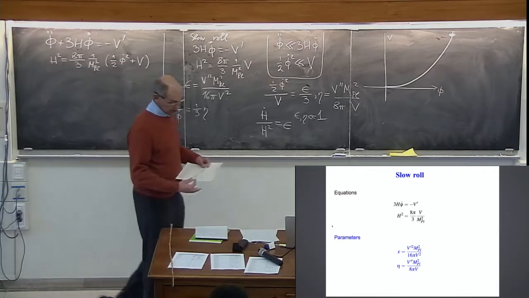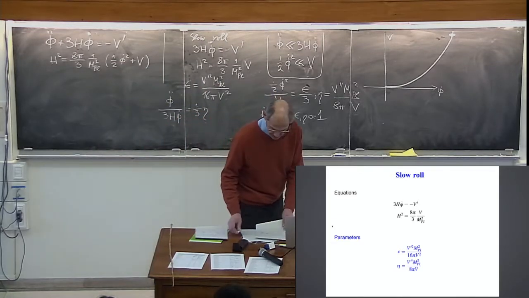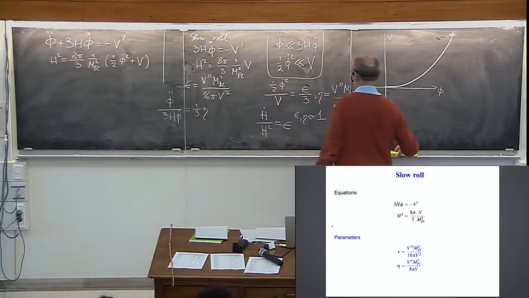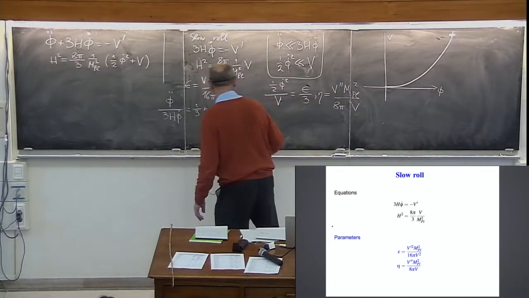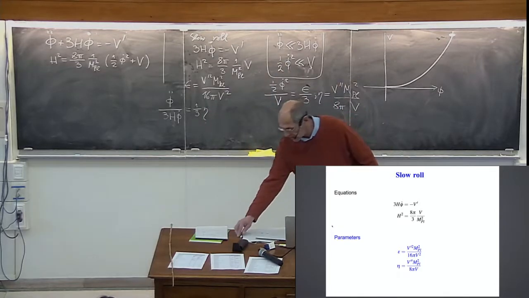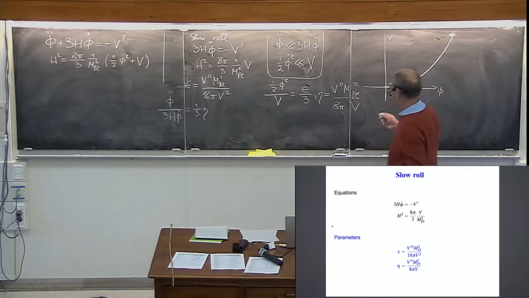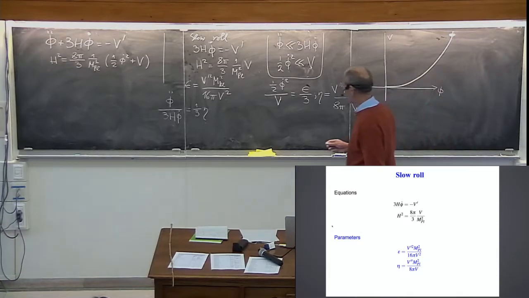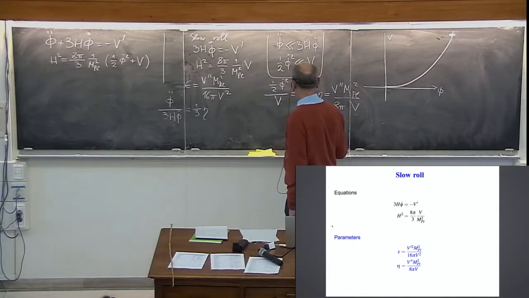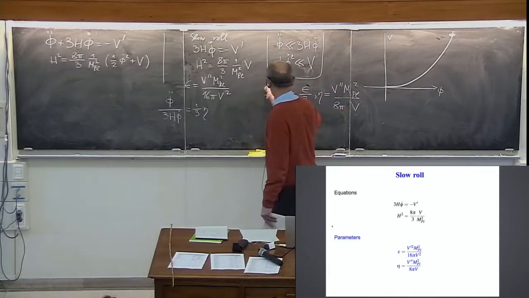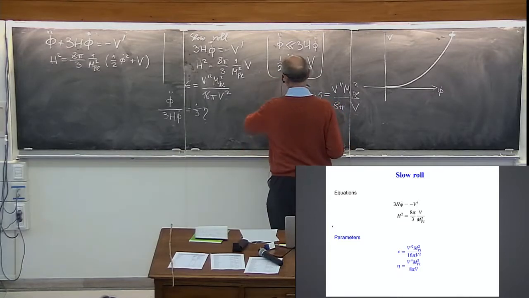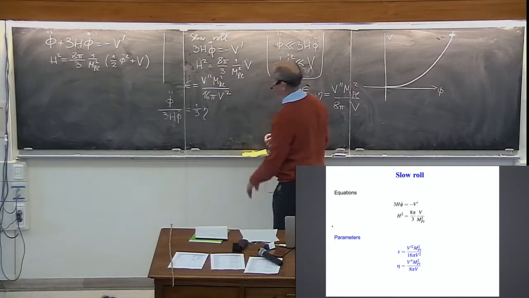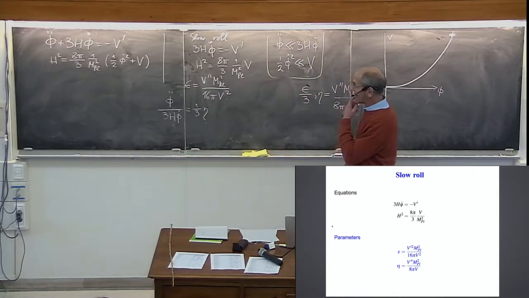It's not innocent, of course, to take these parameters to be small, because for power law potentials, as you can figure out from here, if my potential is a power law, then this ratio, for example, is the inverse of phi.